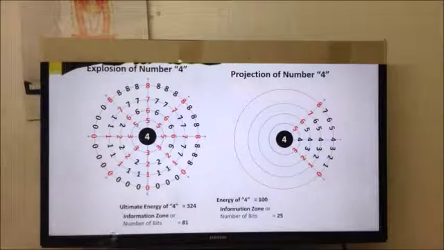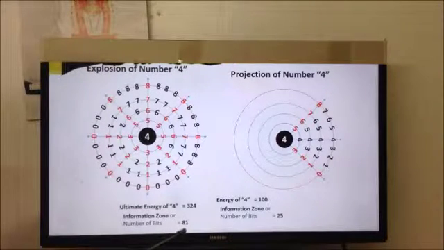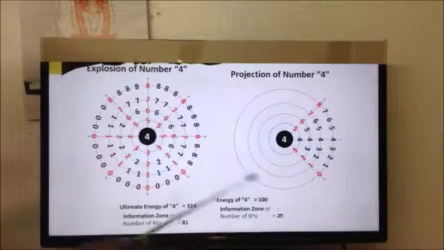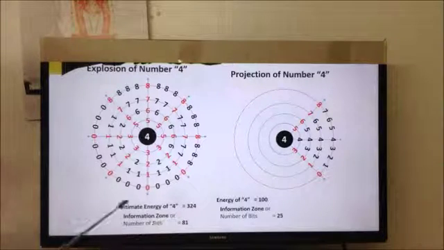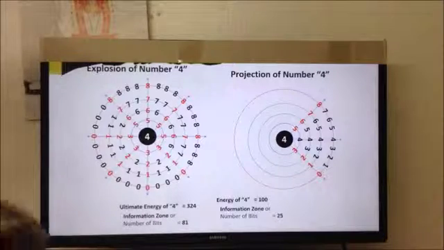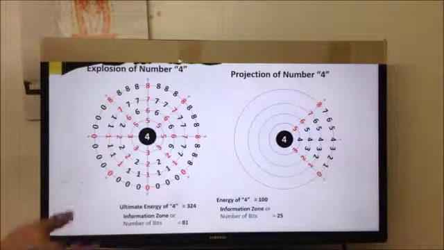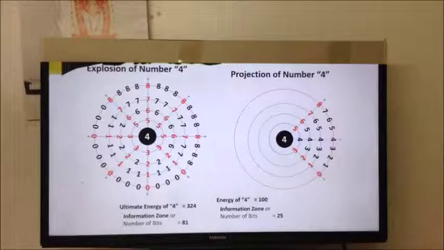And if you count all of them, they are 81. What does this 81 mean? 81 and 25. These are the number of degrees of freedom that a number can give to us, and these are what we call the bits.